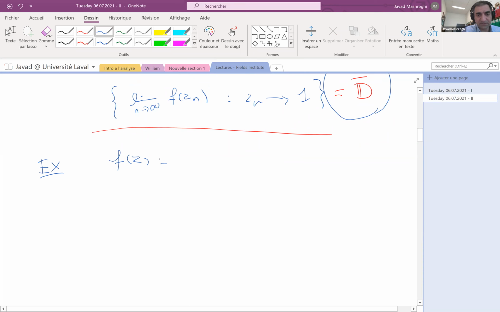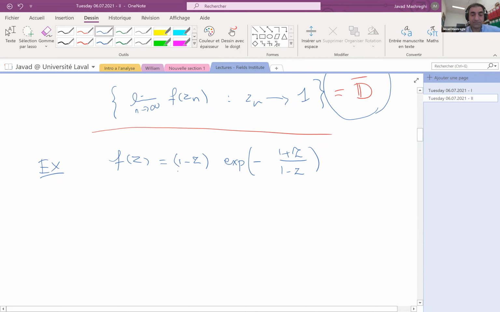It's another example. The example we had before, minus 1 plus z over 1 minus z, was bad at point 1, but consider a multiplier here. For example, a simple multiplier, multiply by 1 minus z.